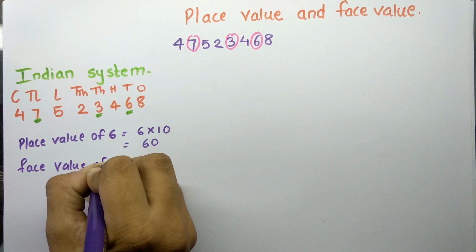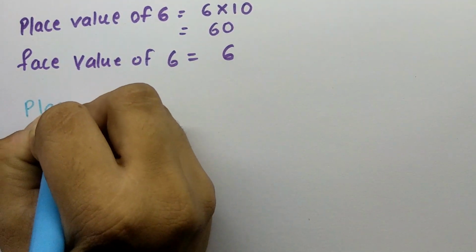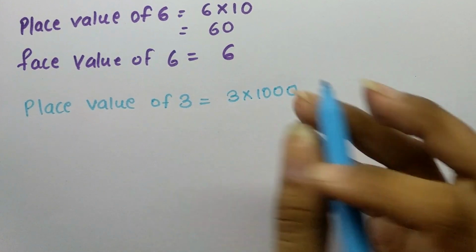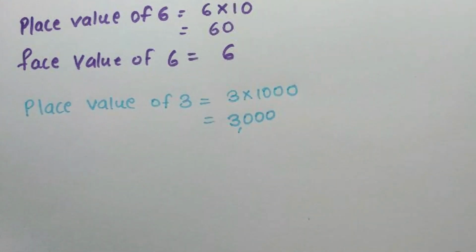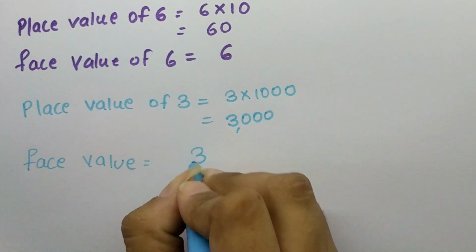Now the face value of 6 will be 6 itself. So the face value is the digit itself. The place value of 3 is 3 multiplied by 1000 because it is in thousands place. You can write it as 3 thousands or 3 multiplied by 1000 or just 3000. The face value will remain 3.